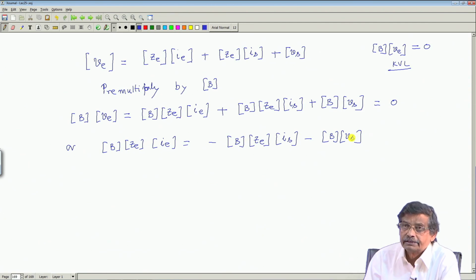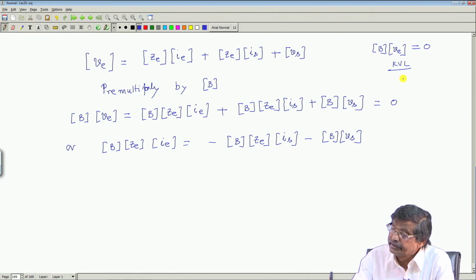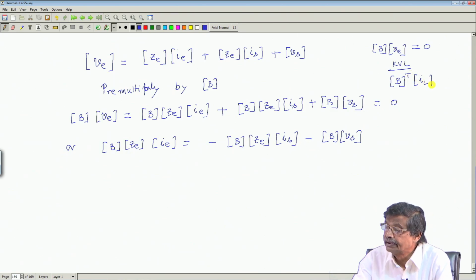But in loop analysis, which I am trying to do, I must find out the fundamental loop currents, and I say if I know the fundamental loop currents, I have solved the circuit, is it not? So, what is the next relation? The next relation that I will be using is B transpose: the element currents can be expressed in terms of the loop currents.